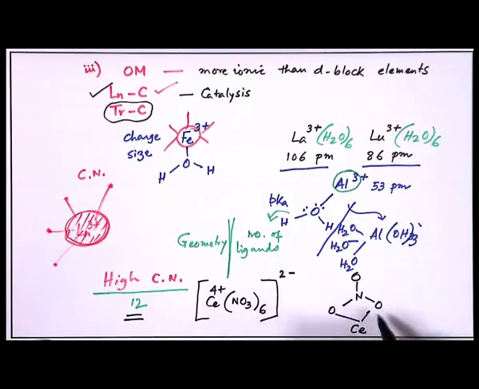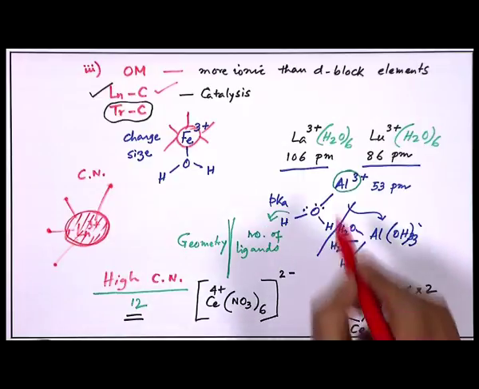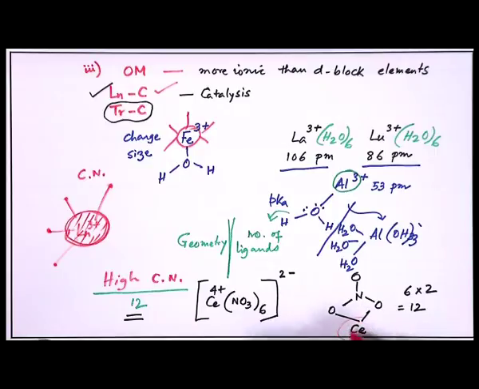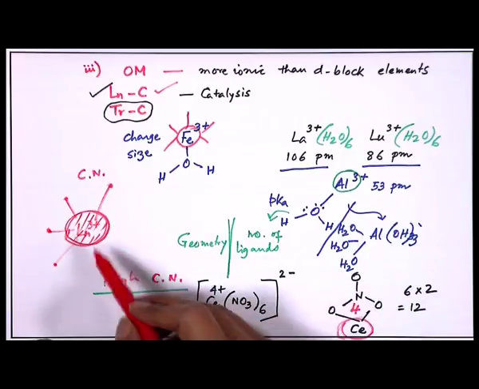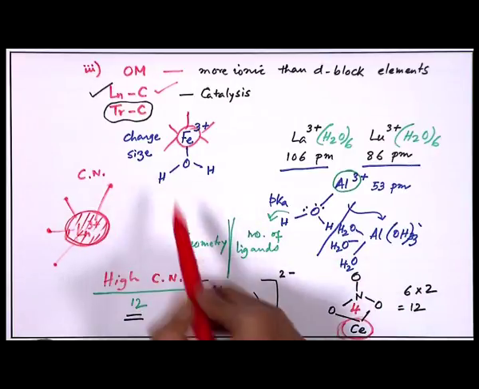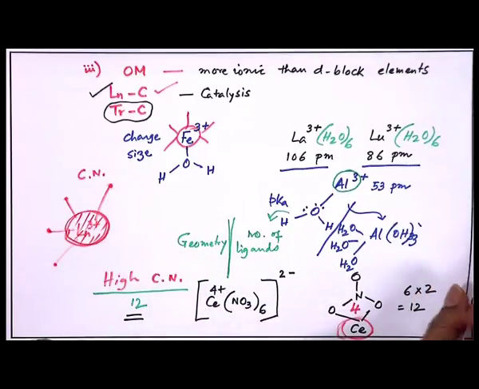So, 6 into 2 of such nitrate oxygens give rise to a coordination number of 12, and all this is due to the size. The cerium size is big enough, and this also allows chelation of the nitrate group, forming a 4-membered ring, which is not possible in the case of other transition metal ions of 3d, 4d and 5d elements.